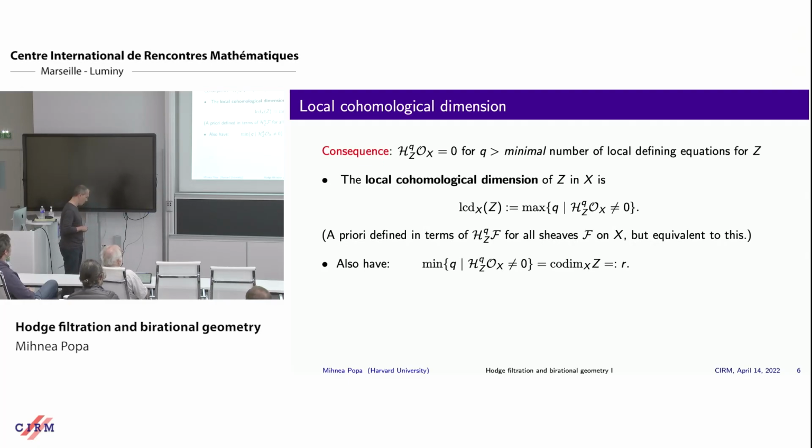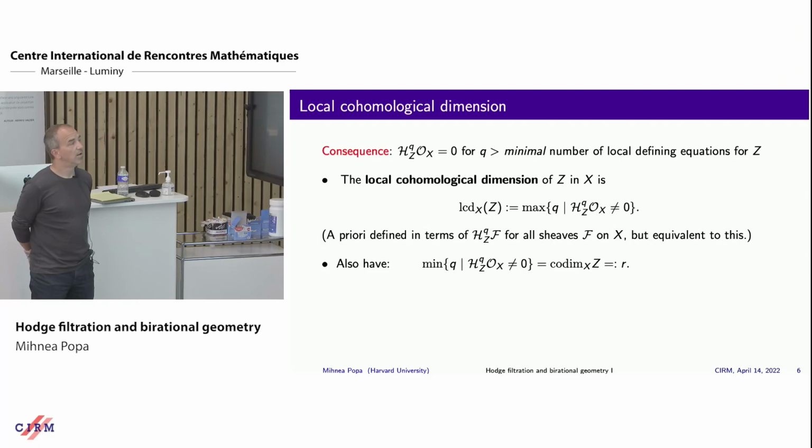It's always equal to the codimension, which I'm going to denote by r from now on. So you can use some commutative algebra. There's an alternative interpretation of local cohomology in terms of X that will appear later on in the talk. And using that and some results in commutative algebra, you can always prove this. Okay, so it goes from the codimension to this local cohomological dimension, which we don't understand very well.